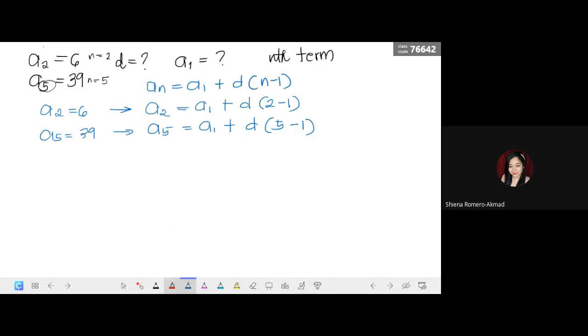And then makikita nyo, dito may a sub 2 tayo. And sa a sub 2, pwede natin siyang i-substitute ng 6. Sa a sub 5, substitute ng 39. 2 minus 1 will be 1 times d is 1d or d na lang. 5 minus 1 is 4 times d is 4d.